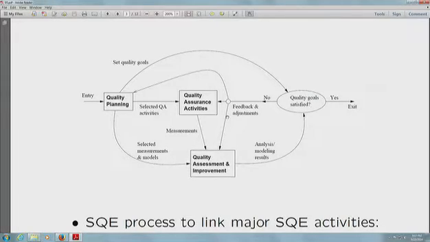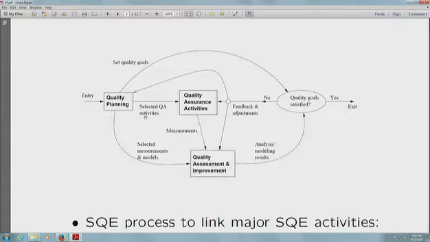And when you set the quality goals, you have to consider from whose perspective, what the market condition is, and all those things. The quality goal will be used to control your quality assurance activities, to decide when you can finish them and release the product. That's the first part of the planning.